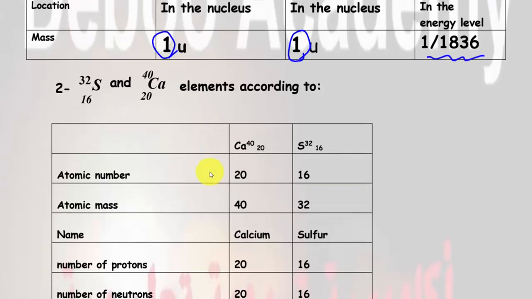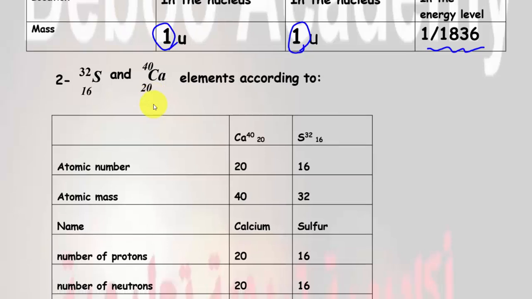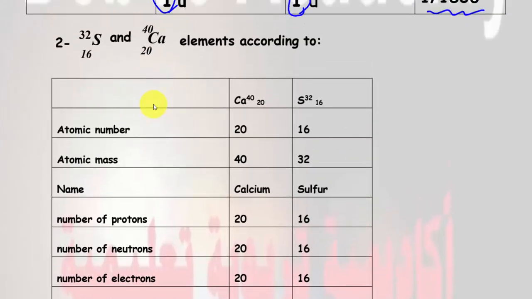Here we have sulfur 16 and calcium 20. The atomic number is the number below the symbol, here 20 and 16. Atomic mass is the one above the symbol, 32 and 40. Names: calcium and sulfur.